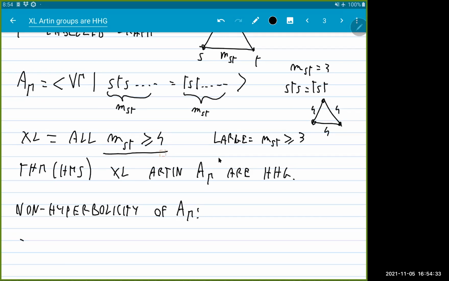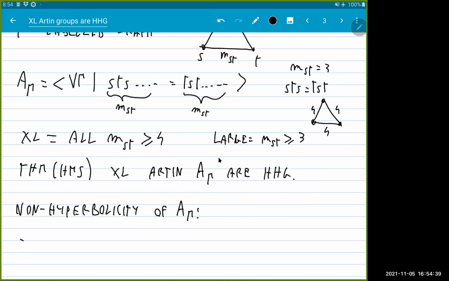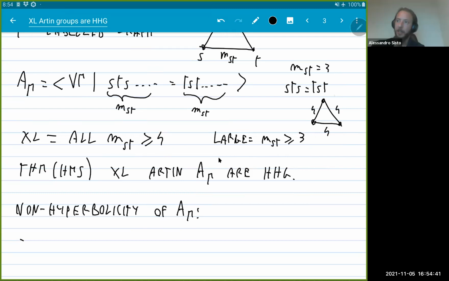So the full theorem is actually that if you have a large Artin group and if you sum 1 over M_ST over the size of a triangle, you get something strictly less than 1. So for example, also this would be fine. But we are not allowing coefficients equal to 2. Even though, okay, let's not get into this technical thing.